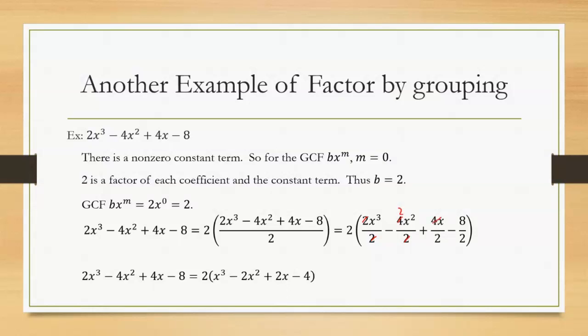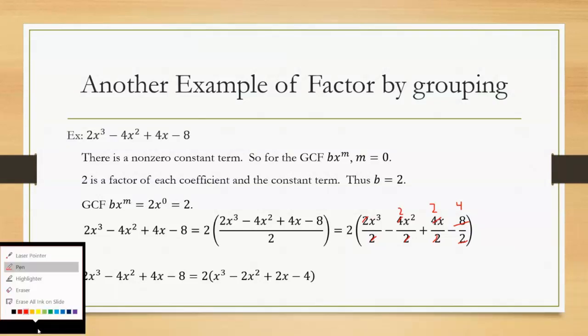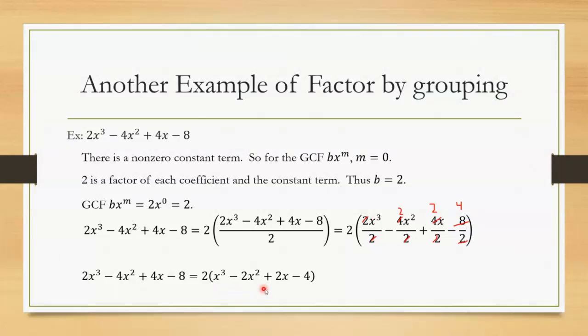Same thing over here. 4 over 2 becomes 2. 8 over 2 becomes 4. So we get this. Now we have to factor this here. That's what we're going to factor next.